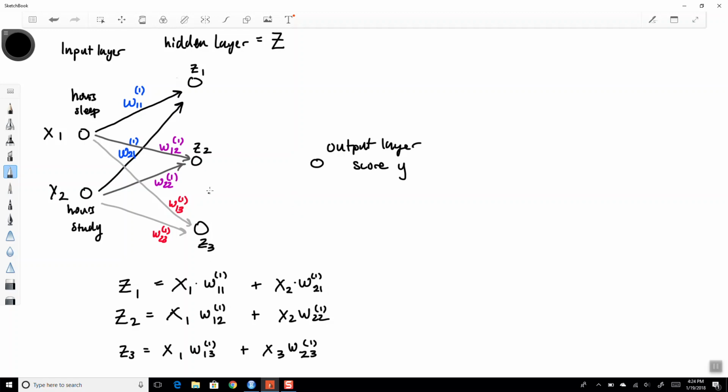Okay, so this is what we have, and then once we get these z values, we throw the z values into a function, okay? The z value, so inside the node, the node gets these inputs. Inside the node, we apply a function.